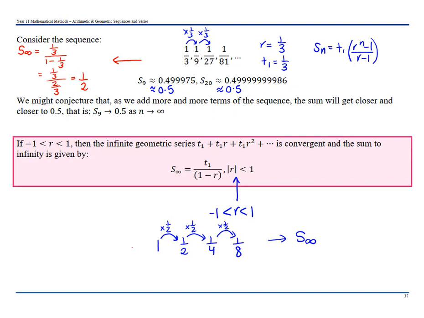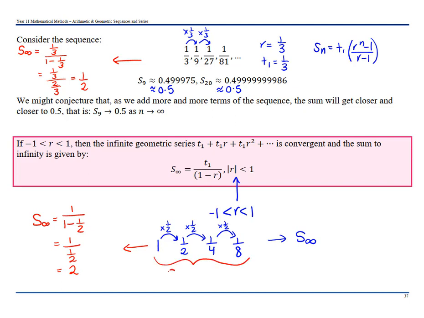If we looked at this one here, sum to infinity is going to be our first term, 1, over 1 minus our R, which is a half. So that's going to be 1 divided by a half, which is going to be 2.